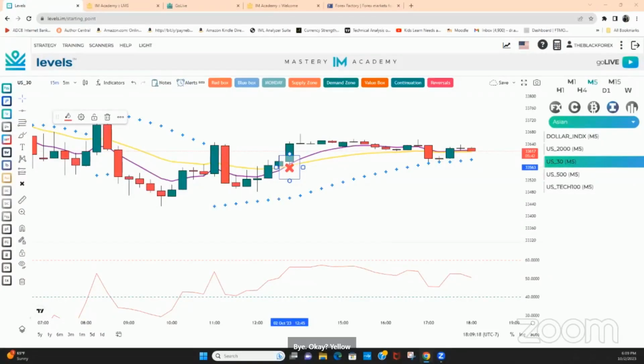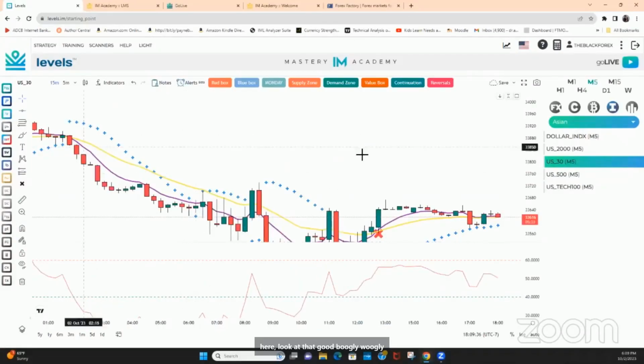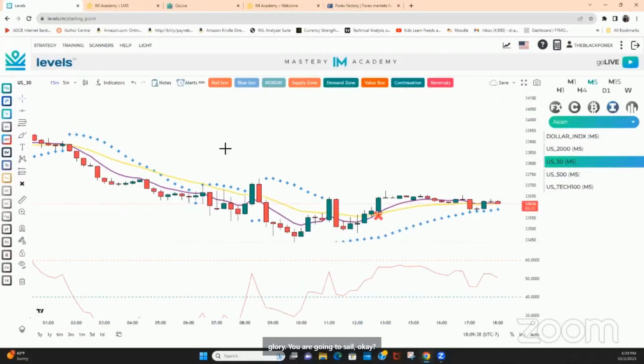Yellow on top, you're going to sell. Please write that down. When the purple line is on top, you are going to buy. When the yellow line is on top, as you can see right here, you are going to sell.